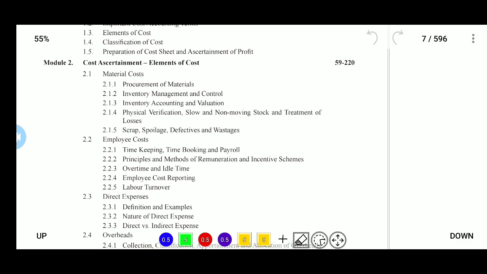The question will ask which lot is beneficial for us, which means you have to find EOQ, but not with the help of a formula, rather by applying the strategy: where carrying cost and ordering cost together are minimum, that will be our EOQ. So that is the maximum possibility for the question. In material costing, only one question is important.